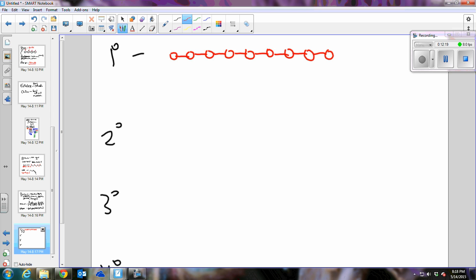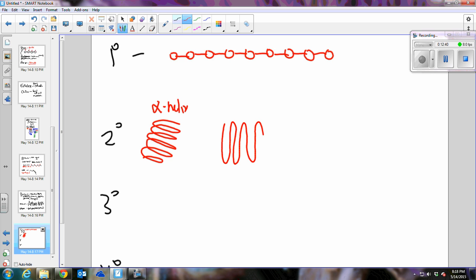Well, the secondary structure is when you start to manipulate that string of Mardi Gras beads. And when left to their own devices, they will either coil on themselves and make this helix, which is called an alpha helix, or they will form sheets like this, which are called beta sheets.